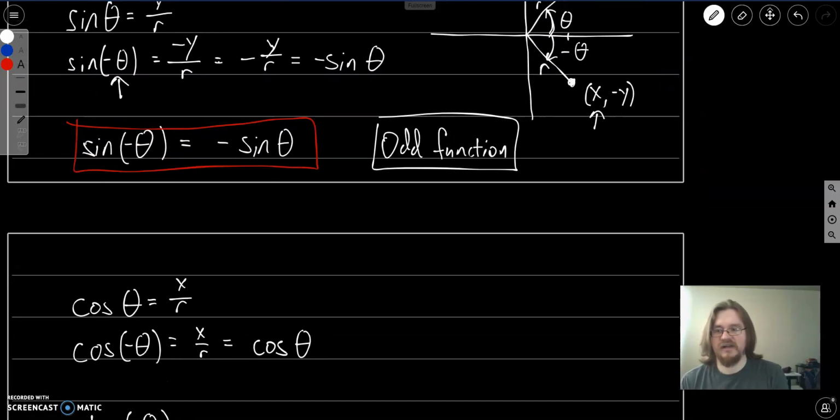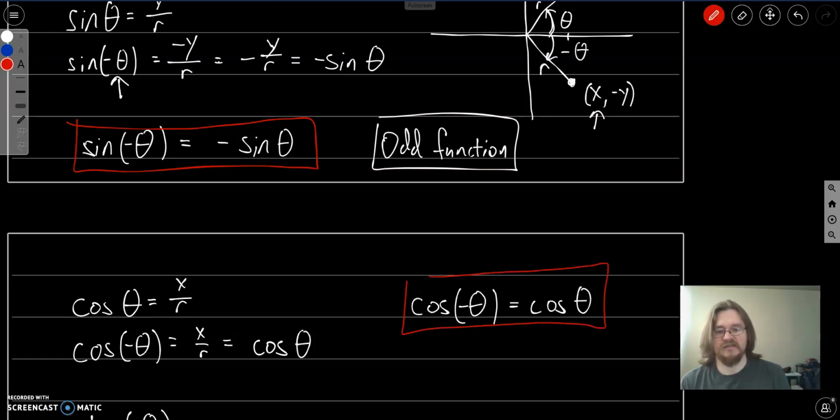So unlike sine, cosine of negative theta is the same thing as cosine of theta. So here is our second identity.